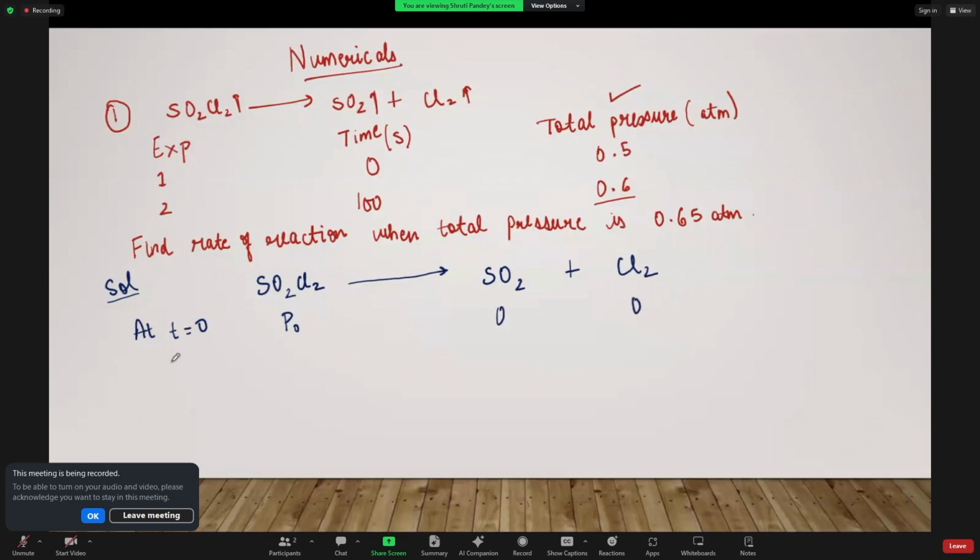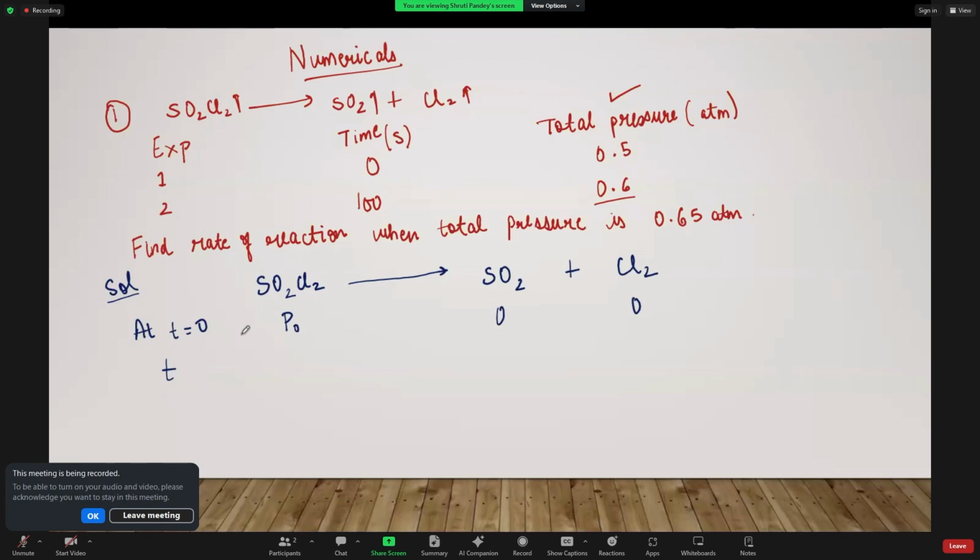Now at some time t, the pressure of SO2Cl2 will decrease, obviously, because it is getting utilized. So its concentration will also decrease if we talk in terms of concentration. But in terms of pressure, its individual partial pressure will also decrease.